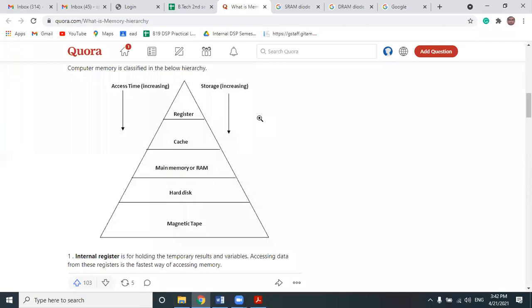Semiconductor material is used to make it fastest, and that semiconductor material is the most expensive material, right? So in terms of cost, if you draw the arrow from top to bottom, it will be in decreasing mode. That means the register has the highest cost, then cache memory, then main memory, and the lowest cost memory is the hard disk.